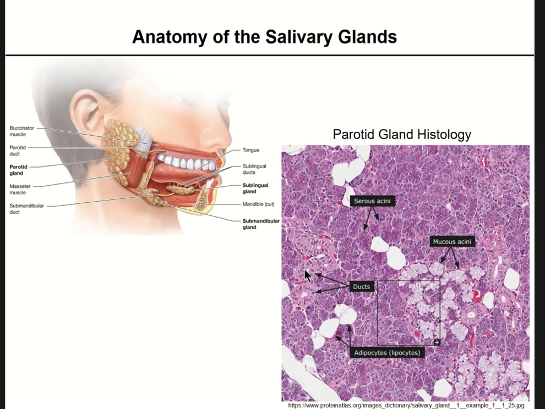And then finally, we have duct cells. And duct cells here are very easy to identify compared to serous and mucus, I think, because you can really clearly see a circular layer of simple cuboidal epithelial cells with a little hole in the middle. And these duct cells, remember, are exocrine glands.